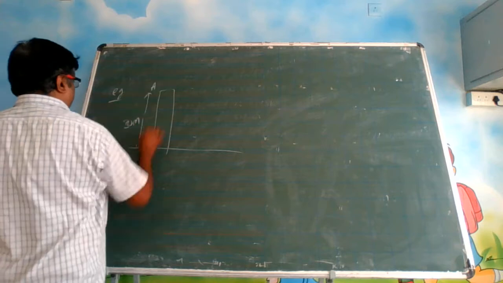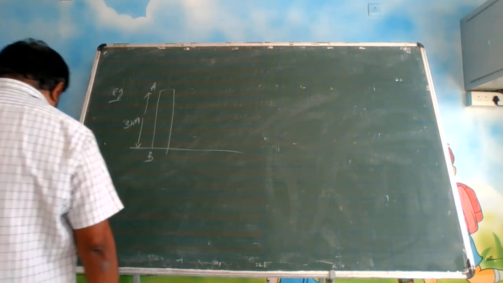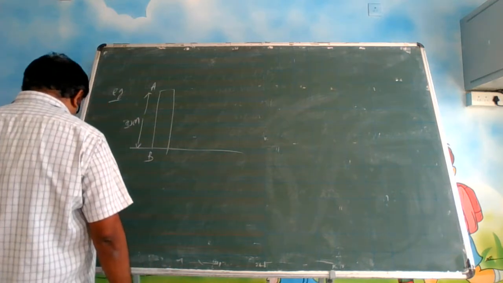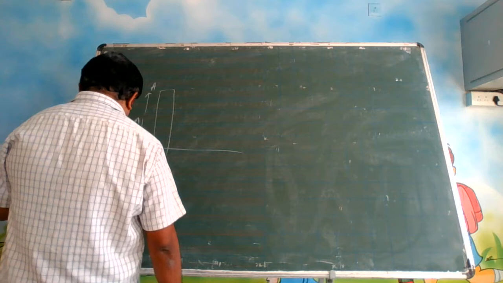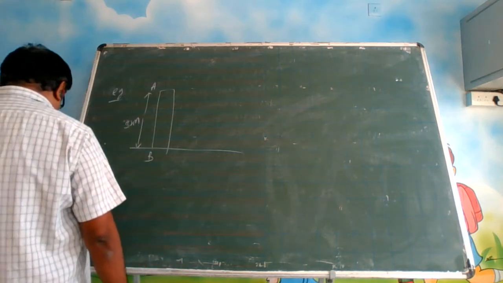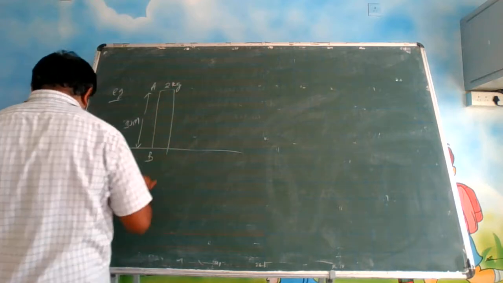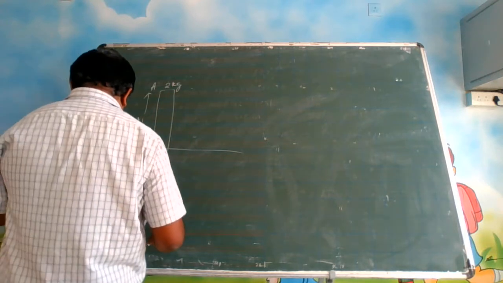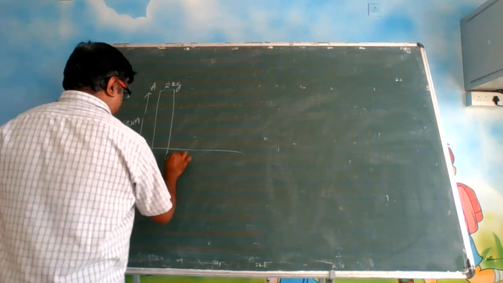Let us say one mass is here, one mass is here. The mass on the top is 2 kg and here the mass is 4 kg. Alright.